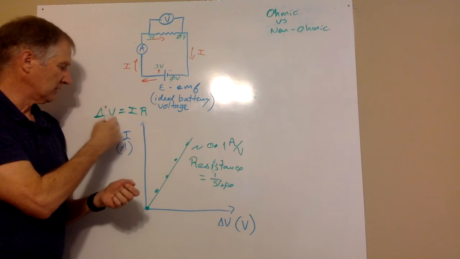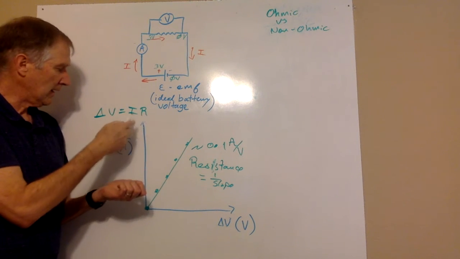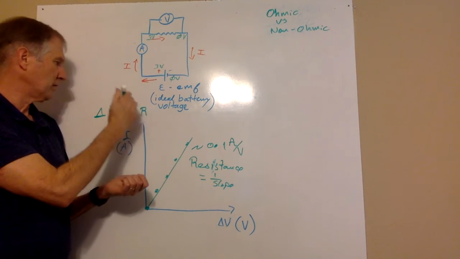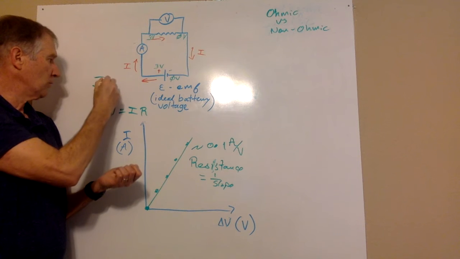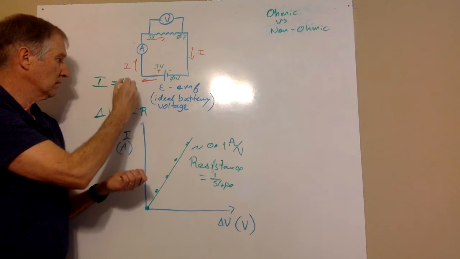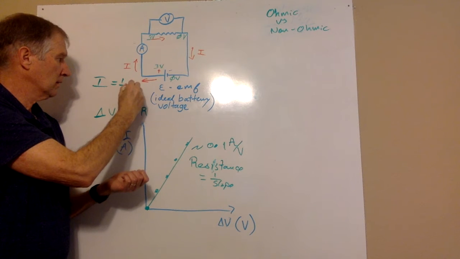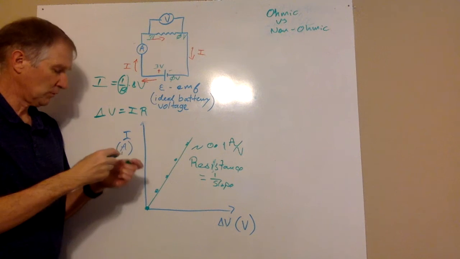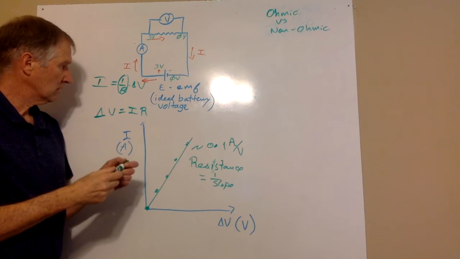Sorry, bad teacher. This would be I equals 1 over R times delta V, right? Because the slope is the reciprocal of the resistance.